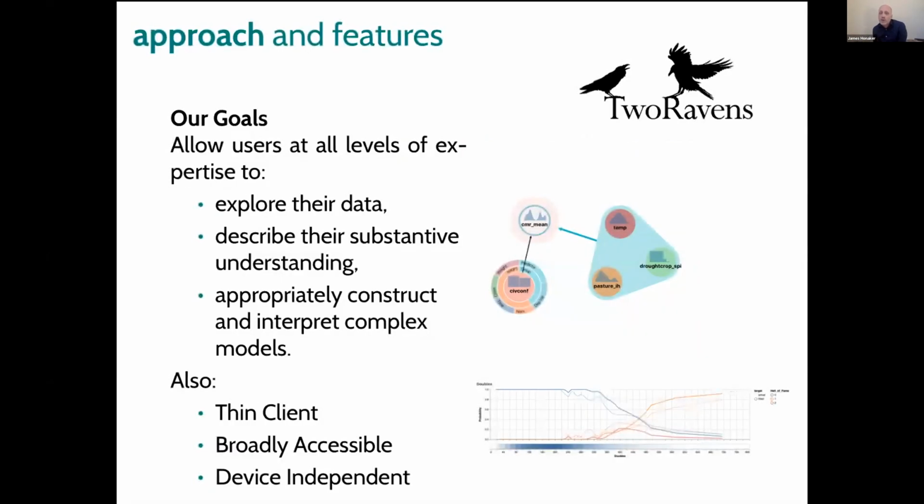So what Two Ravens does is it allows people at all levels of expertise to explore a data set and try and describe what it is they understand about the data and what it is they're trying to learn. And then the platform itself will appropriately construct a model that allows you to see whether the things you think are true, or whether the thing you're trying to work out, can be predicted or not.